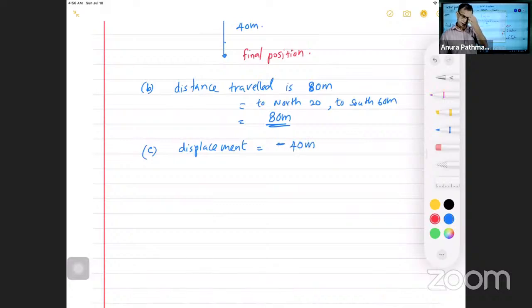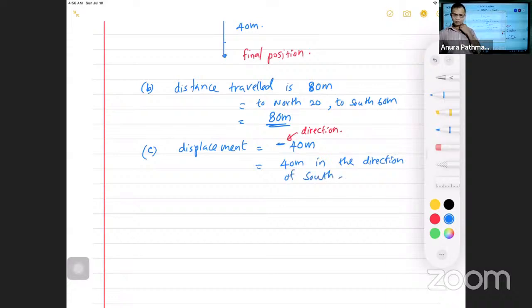If you say negative, you have already mentioned the direction. Or else you can write 40 meters in the direction of south. Both you can mention.